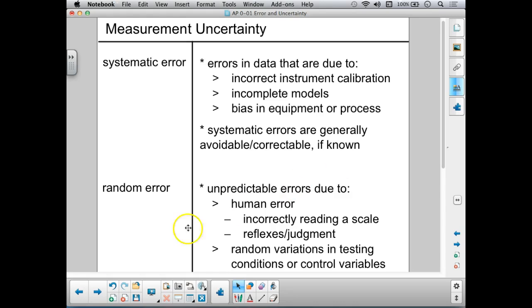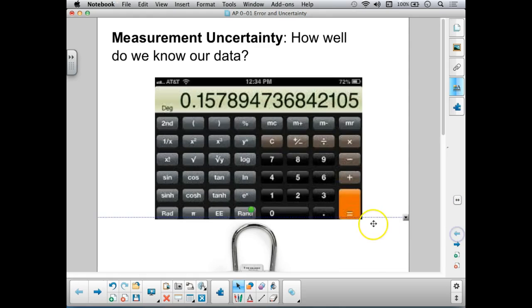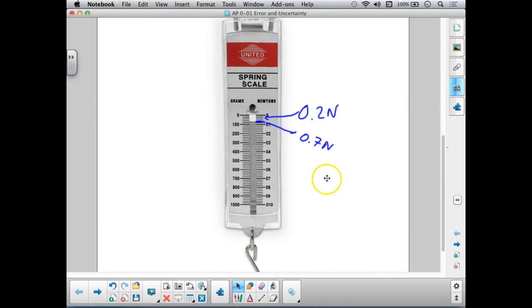An example would be, going back to my spring scale over here, let's say I thought I was measuring force in newtons, but accidentally, being a human being, I made a mistake, and I was reading the grams side of the scale. This is supposed to be for mass in Earth's gravitational field.